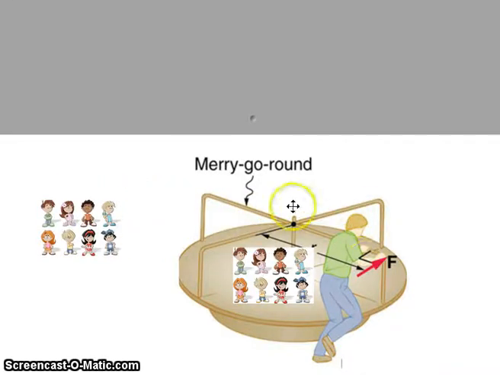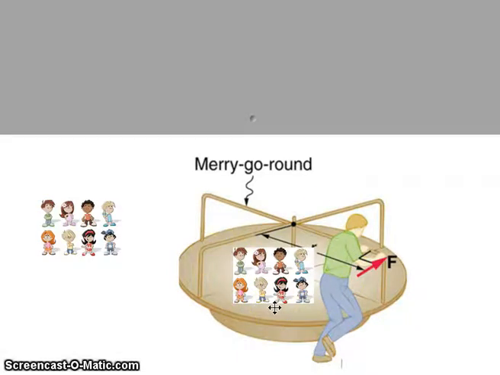So clearly, the merry-go-round itself represents some kind of rotational inertia, some resistance to rotation, and we often talk about that as a torque load. How hard is it to rotate that object?